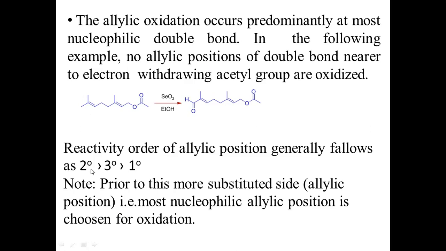We have to select the secondary allylic position, then tertiary, then primary. This is the order we generally follow for the oxidation. Generally, selenium dioxide prefers to oxidize predominantly the secondary allylic position, then tertiary, then primary. This is the selectivity which is followed.